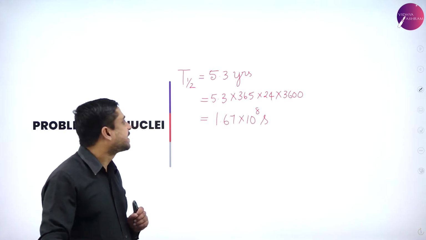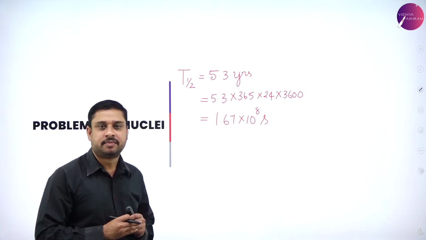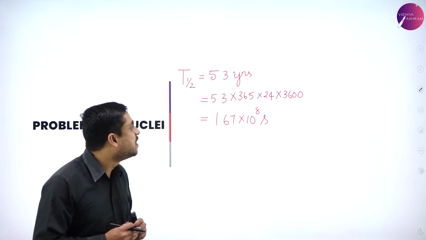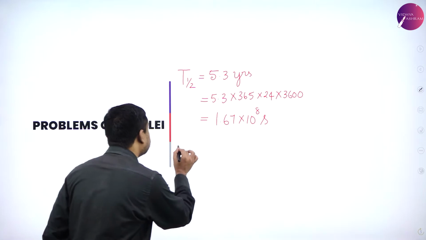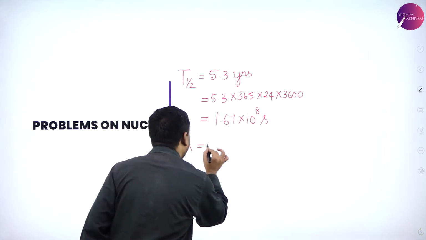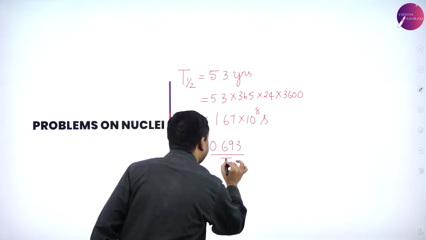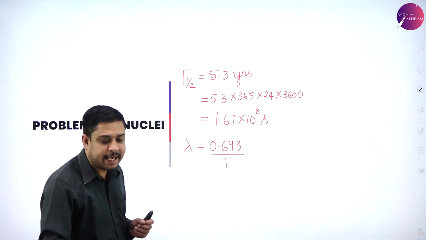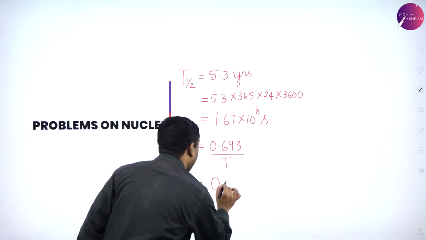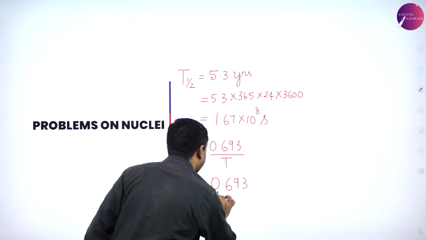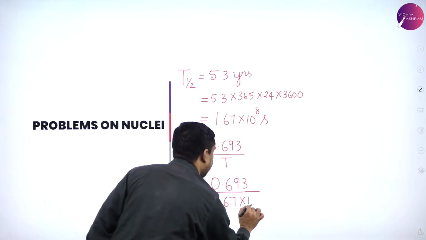So activity is calculated, half-life is known. What are the other requisites now? Very good. I require decay constant. So lambda is 0.693 by T, the decay constant in terms of half-life. So 0.693 divided by 1.67 into 10 power 8.